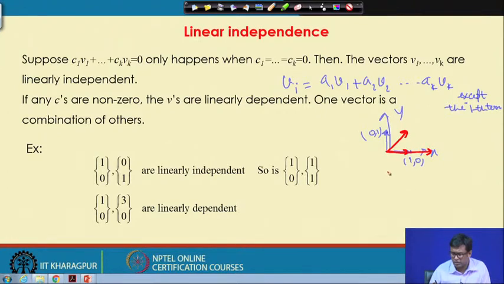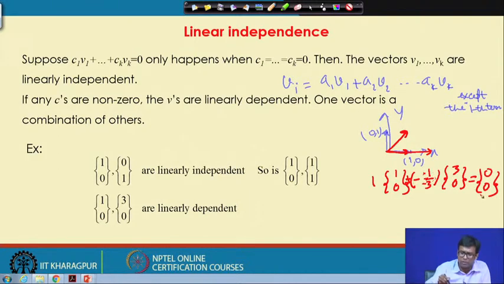So, we can write 1 into 1 0 plus minus 1 by 3 of 3 0, this is 0 0. So, they are not linearly independent, they are linearly dependent.